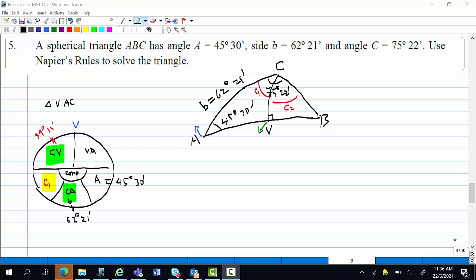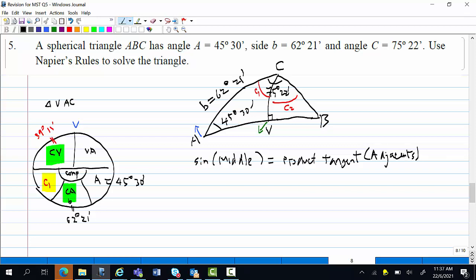Next, we are going to find angle C1, for which we know the two green parts also. According to Napier's rule, we have sine of the middle part is equal to the product of tangent of the adjacent parts.